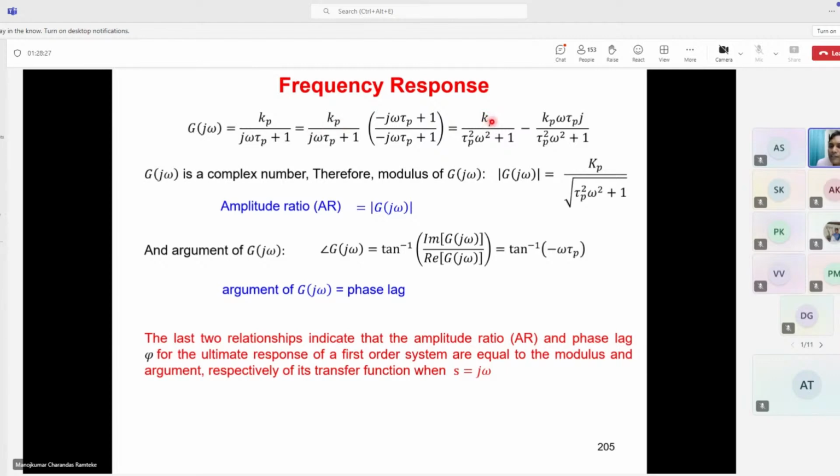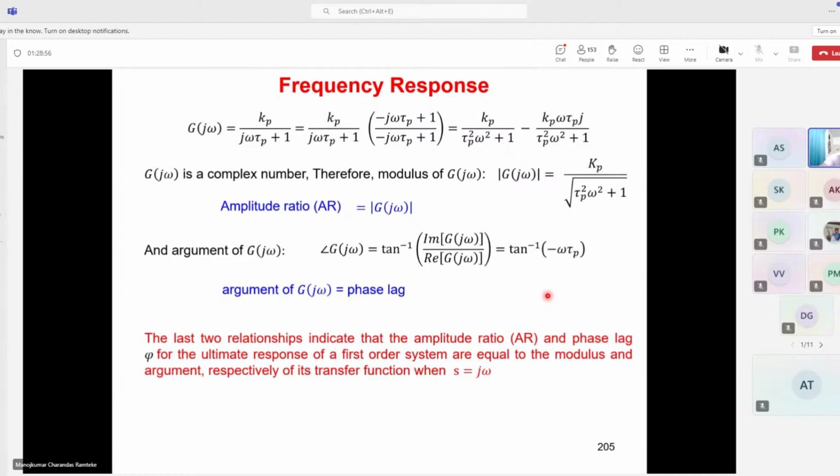So this will be 1, and this minus tau p omega square will be there, isn't it? So that 1 square term will get cancelled out here. Is it clear or not clear? Maybe I can derive it for you. Just give me a minute. Is the derivation clear? How are we getting this Kp divided by the square root of tau p square omega square plus 1? Are you all getting it?